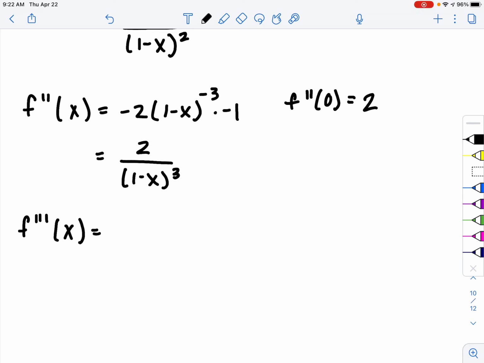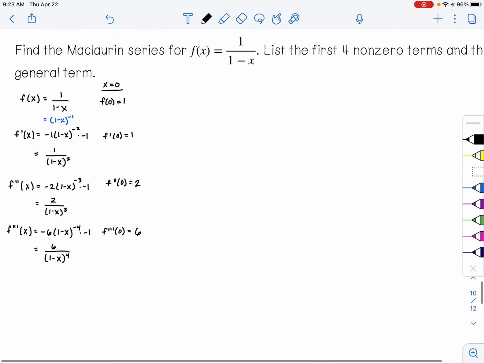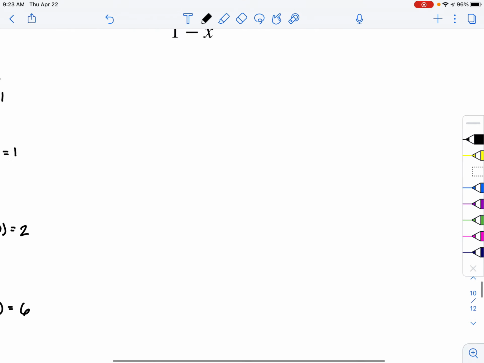That's going to be negative 6 times 1 minus x to the negative 4th times the derivative of the inside, so 6 over 1 minus x to the 4th. When I evaluate that at 0, that's 6 over 1 to the 4th, so just 6. So we have all of our terms, and I'm going to write my Maclaurin series.